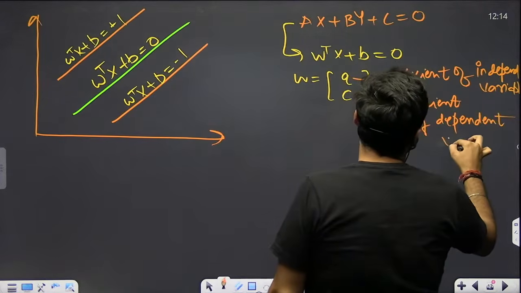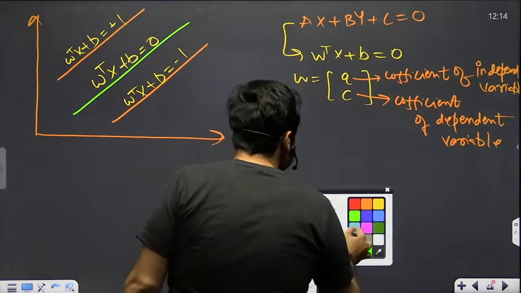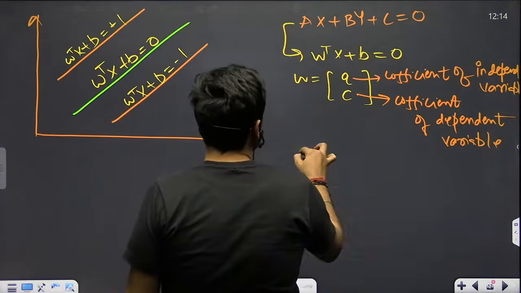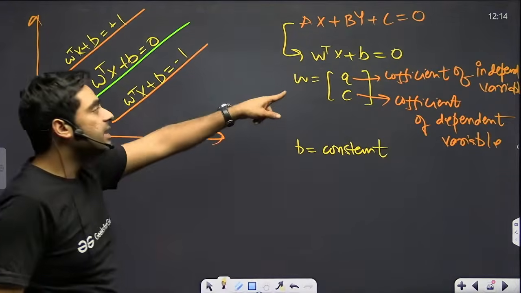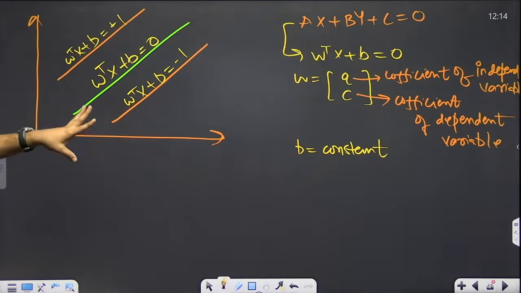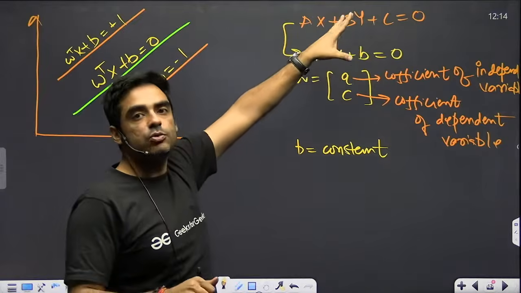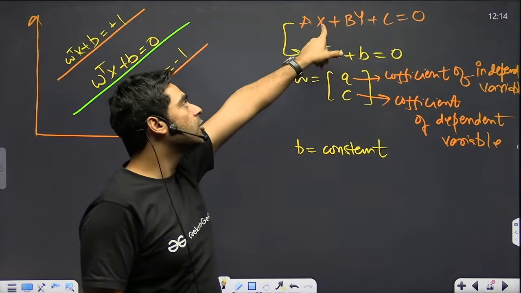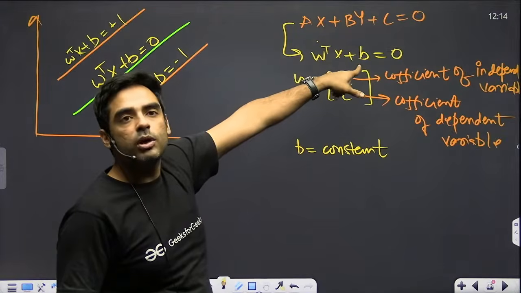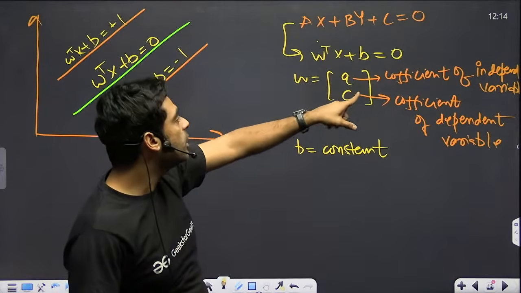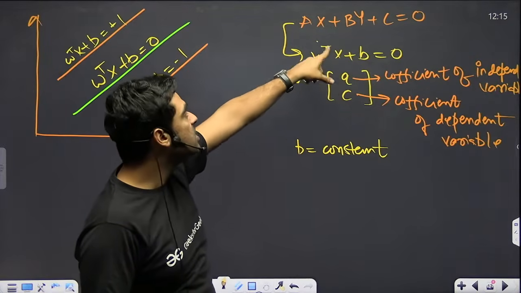And what is this b? b is the constant. तो कुछ भी नहीं है, very simple. आपको अब ये इक्वेशन भूल जाना. You just forget the equation that we were doing in this form. Only remember this. So you would be given the coefficients of the independent variable and dependent variable, right? This small a is different from capital A.